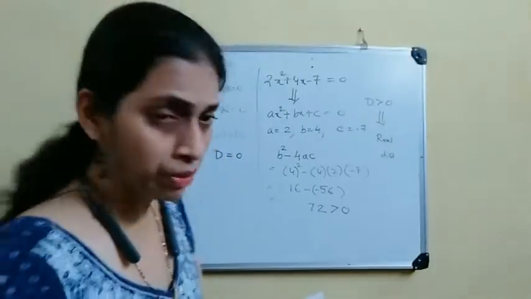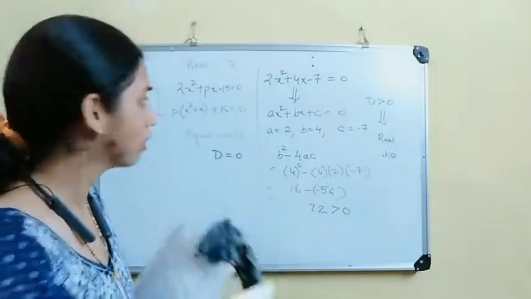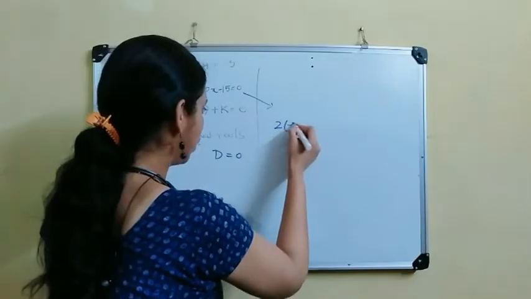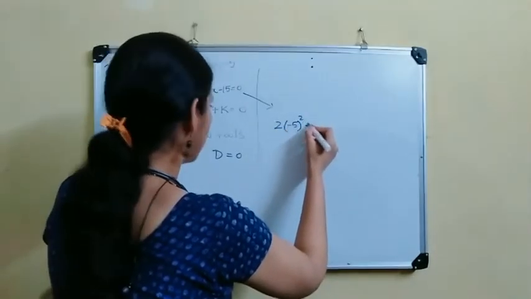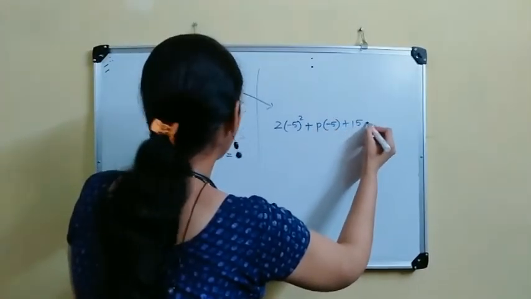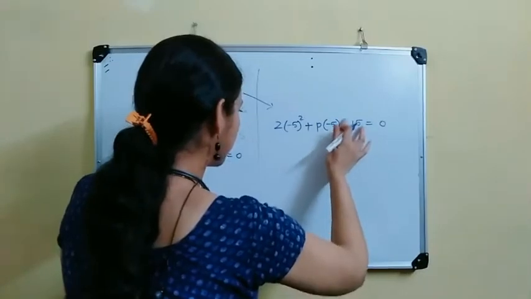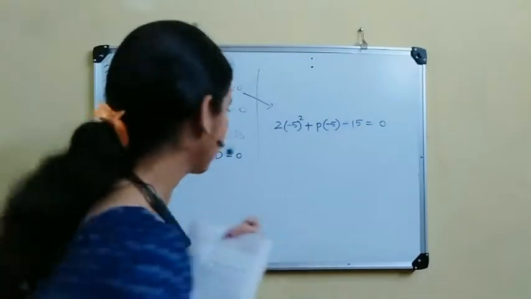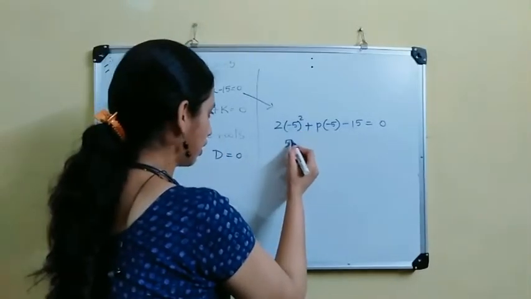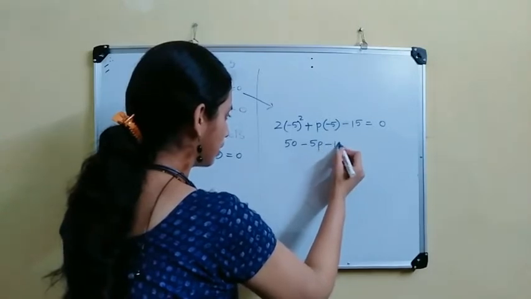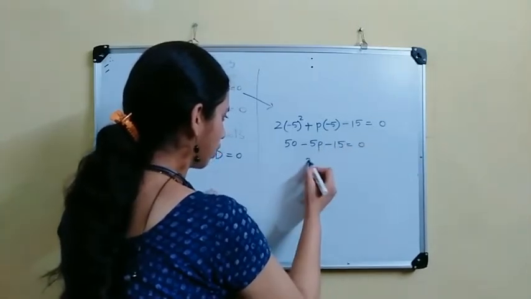So you are supposed to substitute the value of x as minus 5, so 2 into minus 5 the whole square plus p into minus 5 plus 50 is equal to 0.